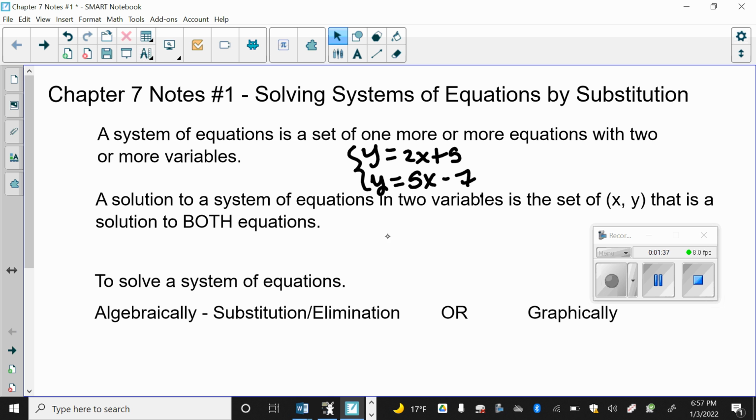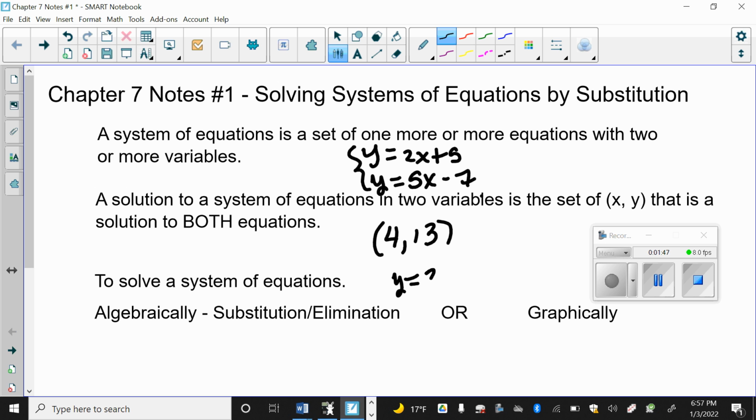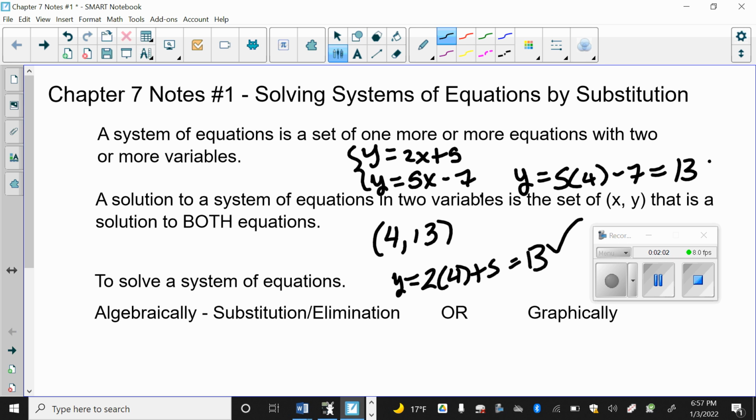And actually, the solution to this system is 4, 13. We can double check that by checking y equals 2 times 4 plus 5, which is 13. And so it is a solution to that first equation. And then looking at the second equation, y equals 5 times 4 minus 7 is also 13. So that would be a solution to the system.